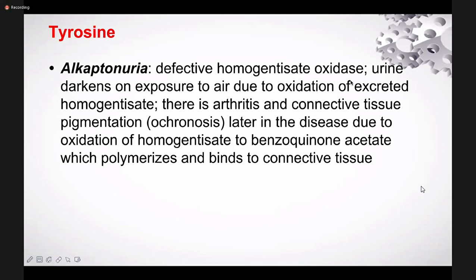There is arthritis and connective tissue pigmentation in an individual because of the oxidation of homogentisate to benzoquinone acetate, which polymerizes and binds to connective tissue. This is the most familiar disease attributed to a defect in tyrosine catabolism, so you will often be hearing about alkaptonuria.